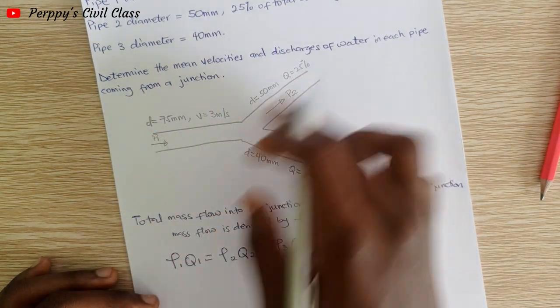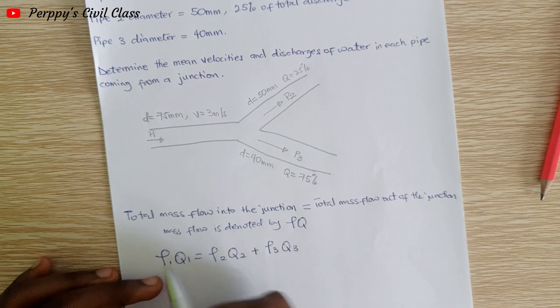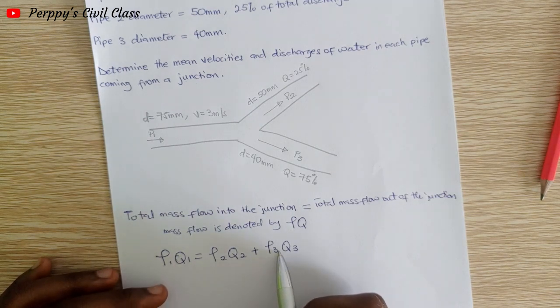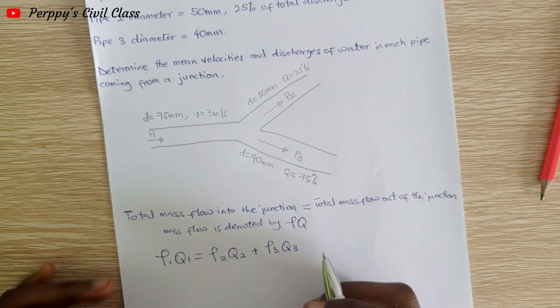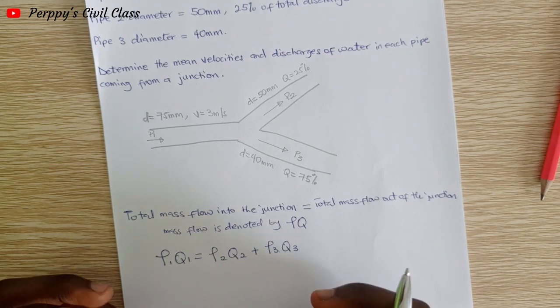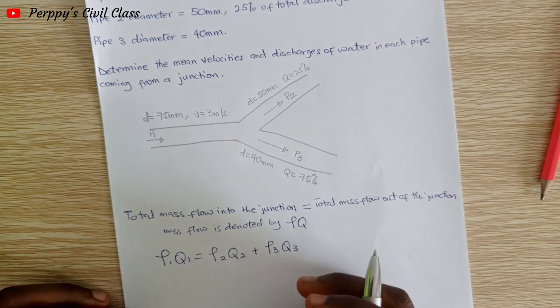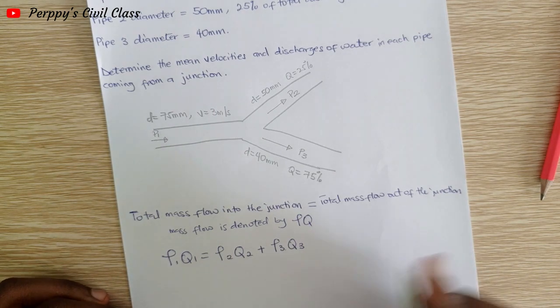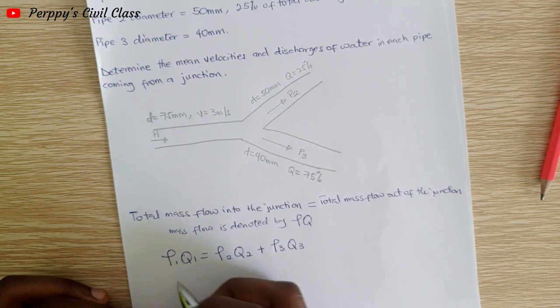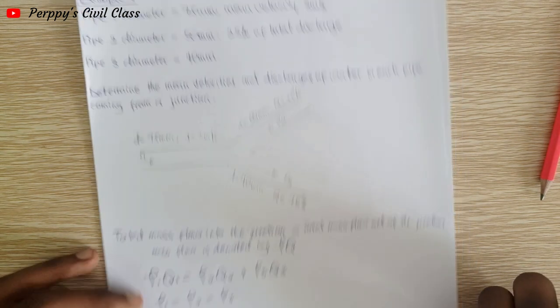But since the flow is incompressible, the density is constant. An incompressible fluid is a fluid whose volume or density does not change with pressure. So since it's not changing with pressure, density 1 is equal to density 2 and density 3.